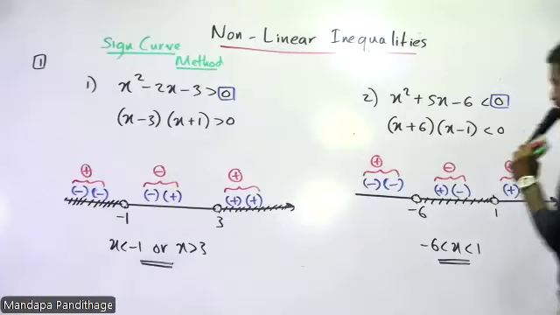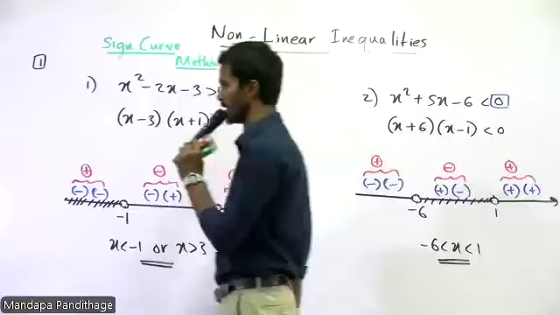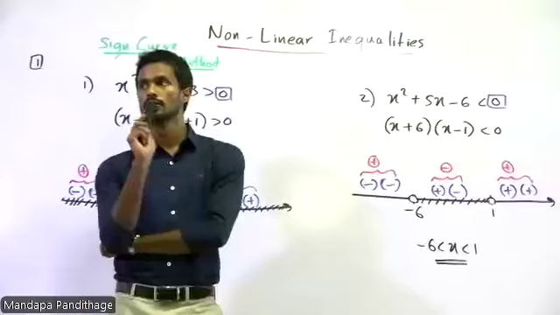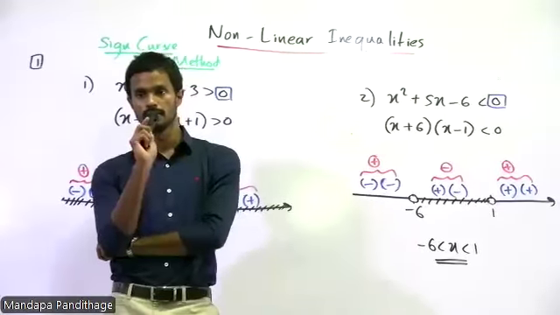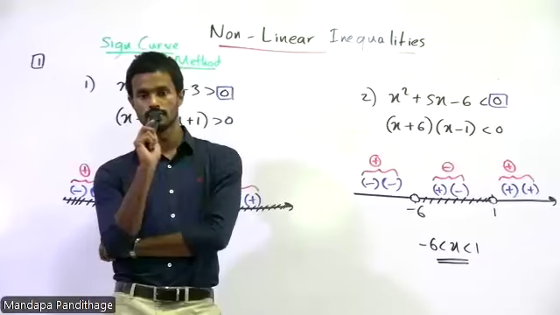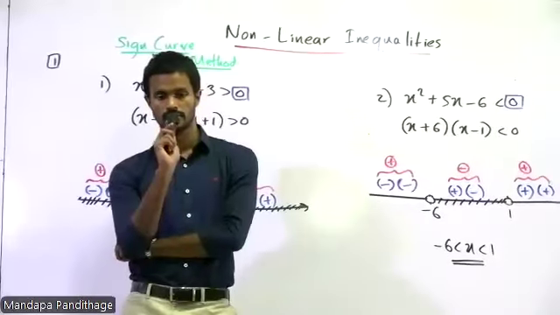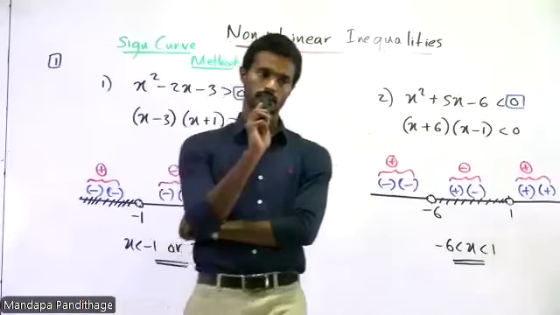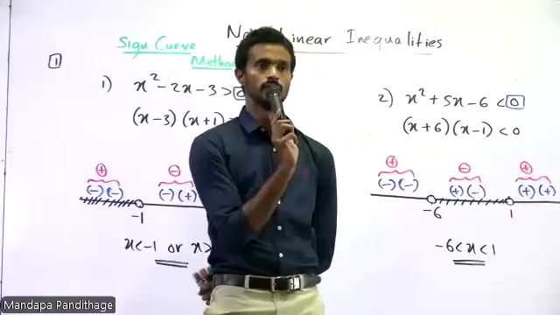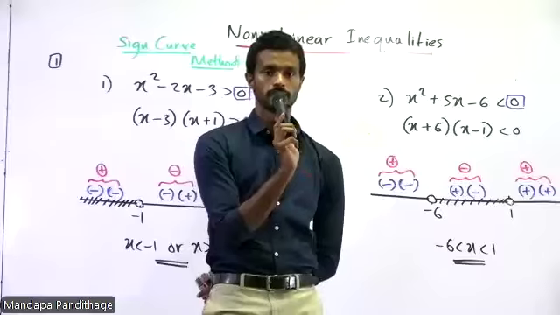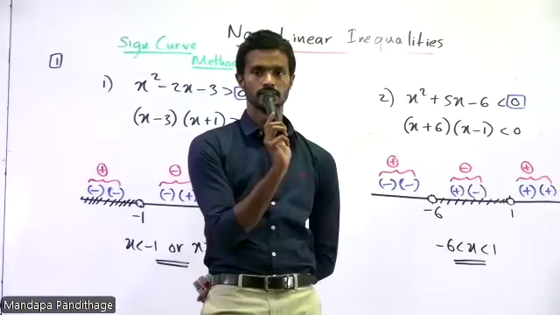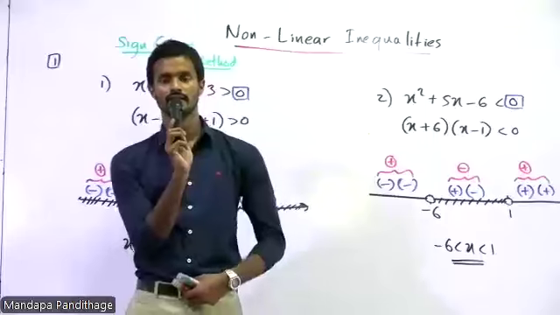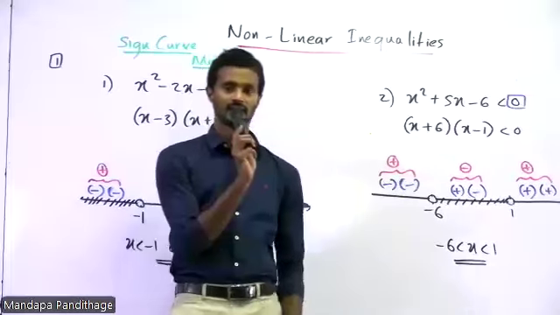Next step: mark the values of x which make each factor 0 on a number line.